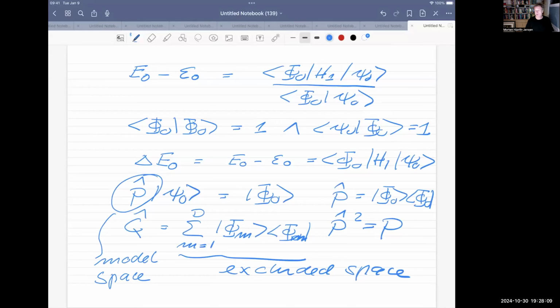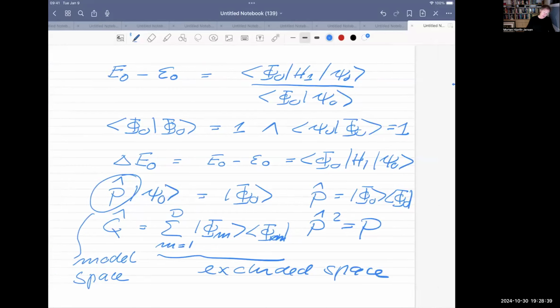FCI is simply performing a diagonalization of a Hamiltonian matrix. Hartree-Fock theory was us solving a set of coupled nonlinear equations. And you will also see that coupled cluster theory corresponds to us setting up a set of nonlinear equations which are coupled.